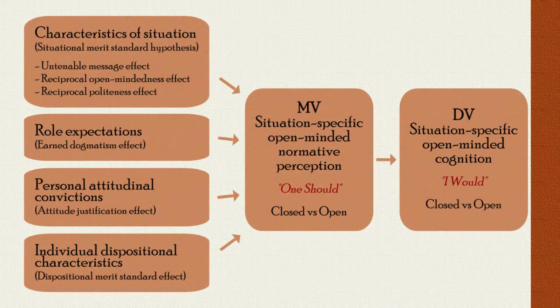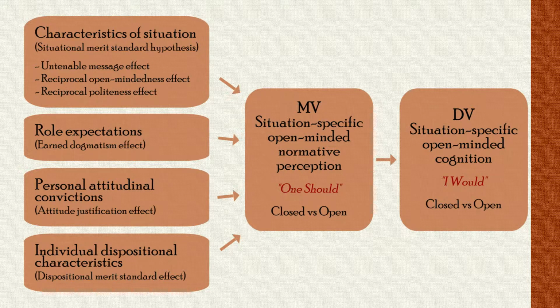So here's really the same flow diagram, just presented in a slightly different format. The multiple determinants of open-minded cognition are simply the boxes on the left. The middle mediating step in the causality is labeled here situation-specific open-minded normative perception, because strictly speaking, it's the individual's perception of the extent to which they should be open-minded in that situation that we are trying to capture.